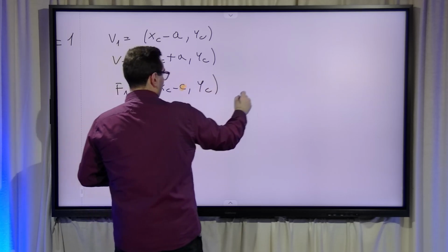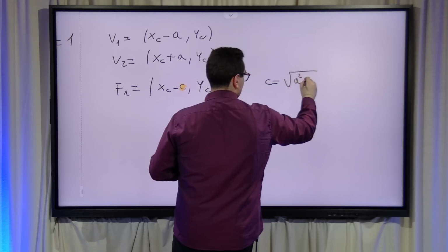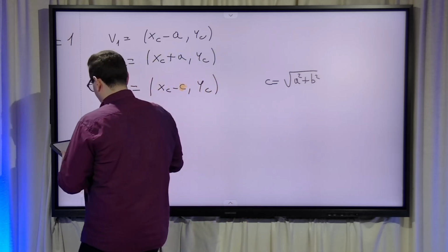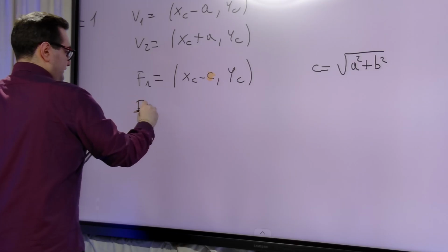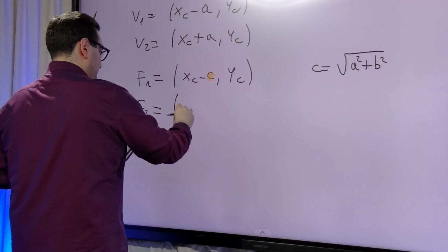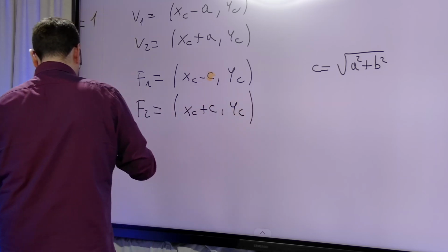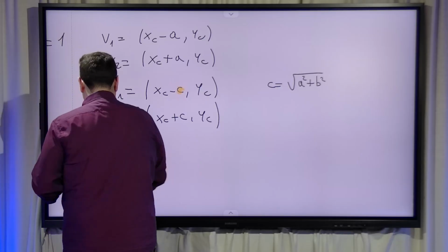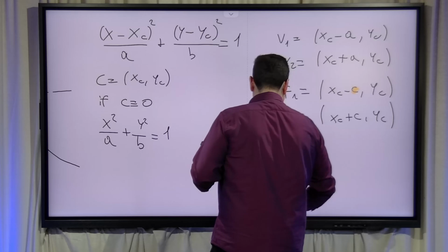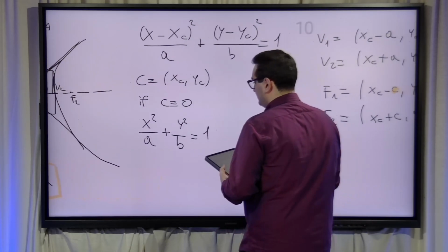What is this c? c is equal to the square root of a to the power of 2 plus b to the power of 2. Same thing for the focus F2. And the equations of the lines that are the asymptotes of this hyperbola, I can write here.